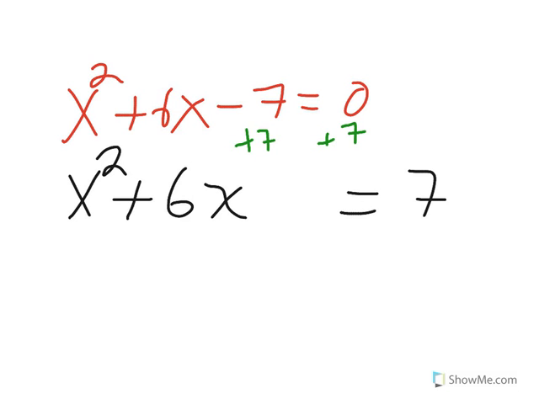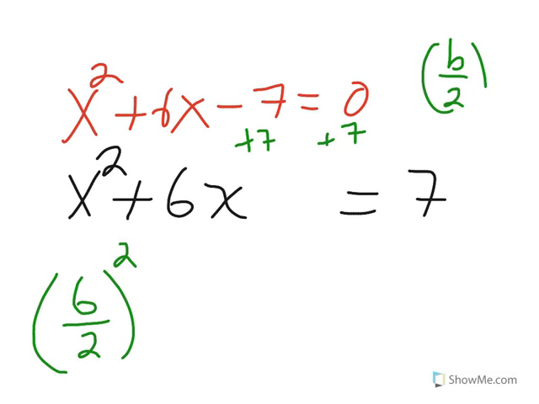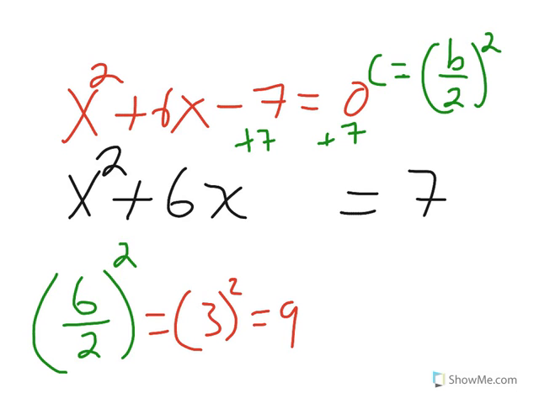Now I'm going to take half of b, my b term, so I'll take 6, divide it by 2, and then square it. So the formula to complete the square is b divided by 2, squared. And that's going to tell us what c is equal to. So that's going to equal 3 squared, which is equal to 9.